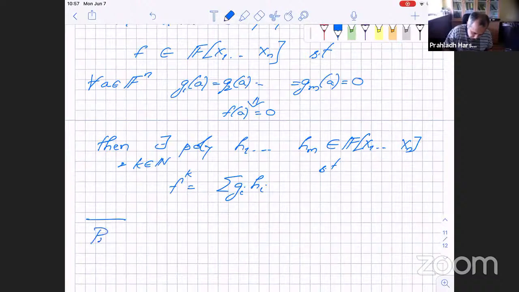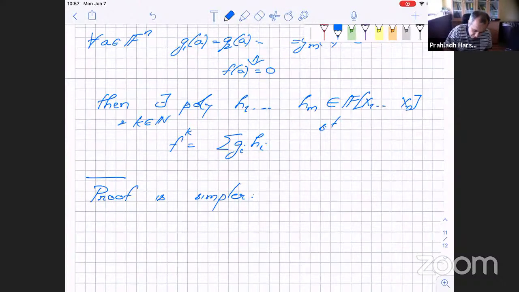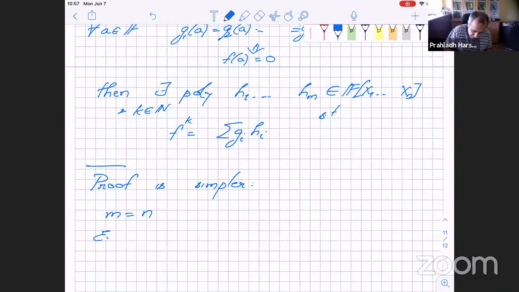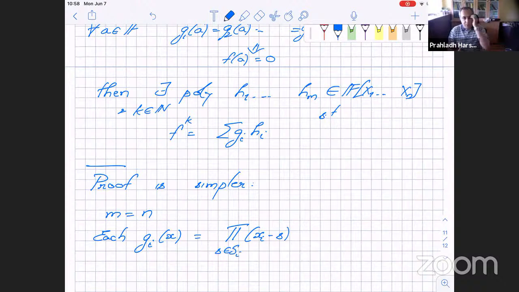the proof is simpler. Firstly, m is equal to n, and each gi of x was actually of the form the product over s in Si of (xi minus s). So suppose each gi was just this univariate polynomial. Gi could be an n-variate polynomial, but suppose I force each gi to be just this univariate polynomial, which is just the polynomial which checks if the ith variable comes from this grid along the ith coordinate.